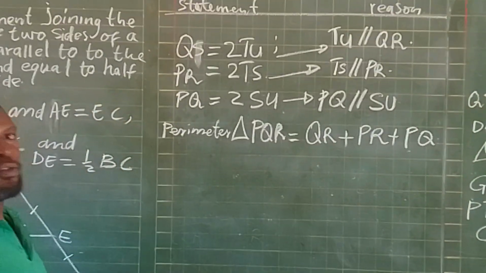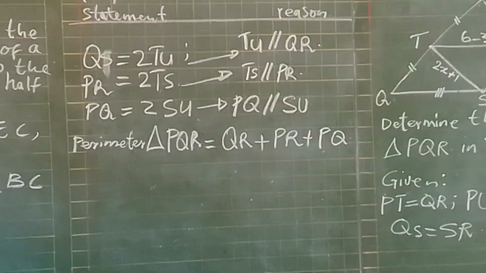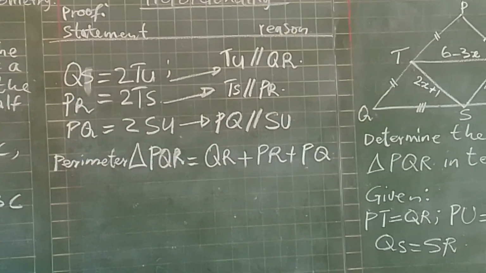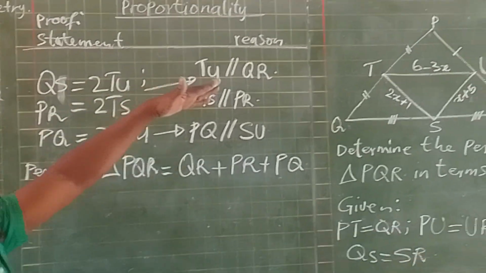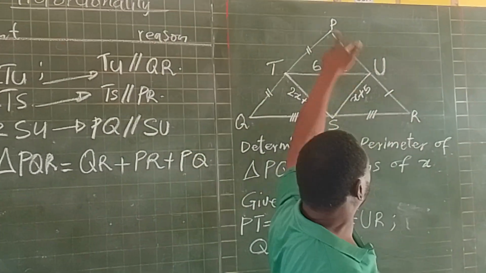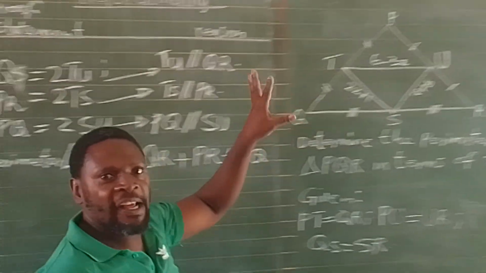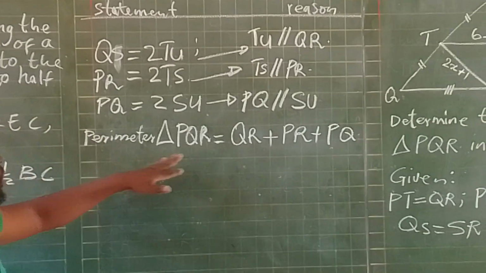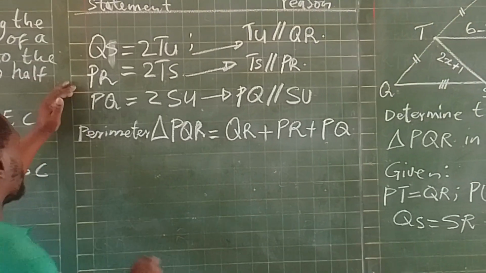This is the formula of the perimeter of a triangle. You take the external boundaries of a triangle, then the length of that external boundary is going to give you the perimeter.